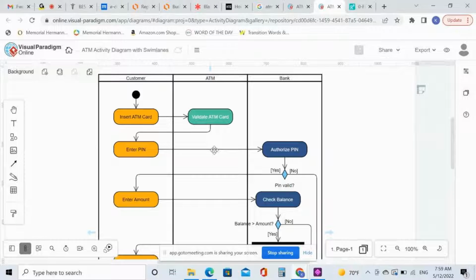Then, tell me the next step, after you enter the PIN. If it is the correct PIN, it will let the person choose the amount they want. Does it ask any denomination, like in 50s, in 20s, in hundreds? Yeah, it will give you the option.